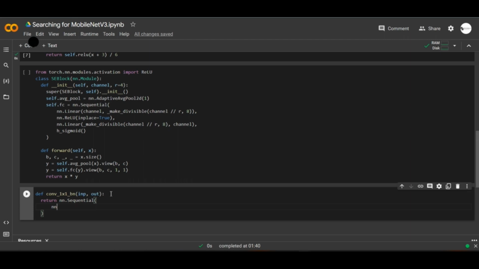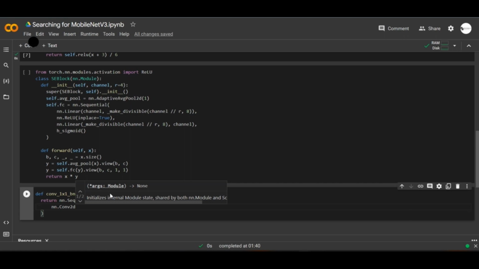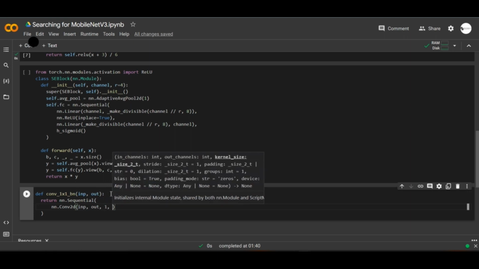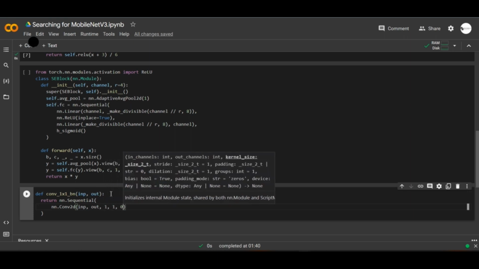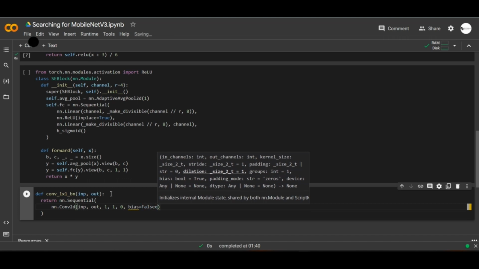Then we say nn dot conv 2d. We take in input, output, and we say 1, 1, 0, because this is a pointwise convolution, with bias equals false.